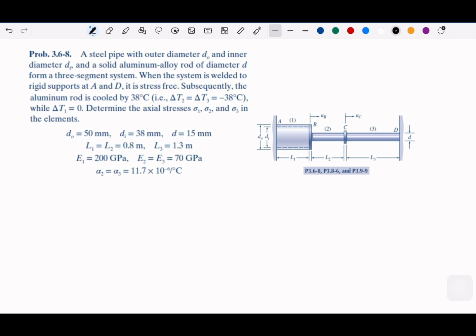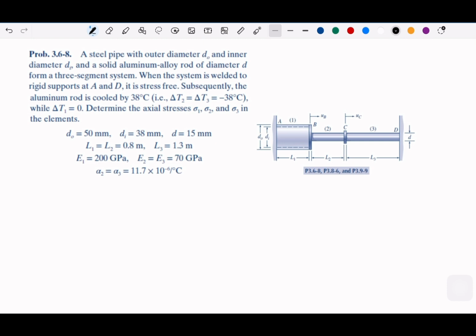And all the given information is the diameter, the length, the E, and also the alpha, the thermal expansion coefficient. So what we need now, firstly, if you want to draw the diagram, I think it's okay.